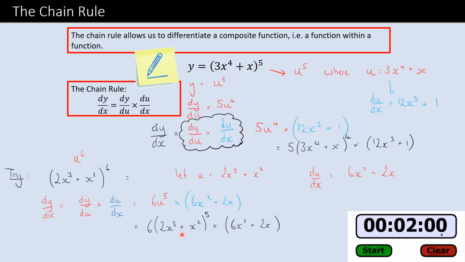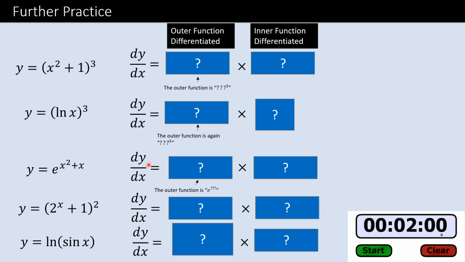Let's have a look at doing that. In order to shortcut this a little bit, we're going to think about this as two parts. We're going to think of things in terms of an outer function, the bigger picture, and the inner function, the thing that would normally be our substitution.